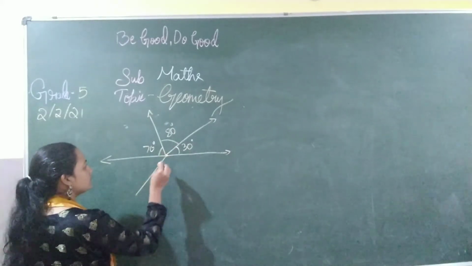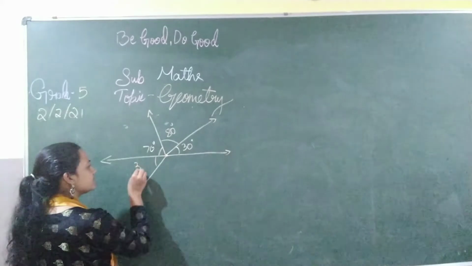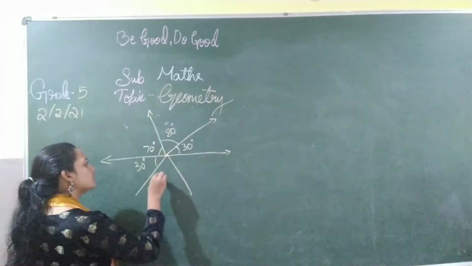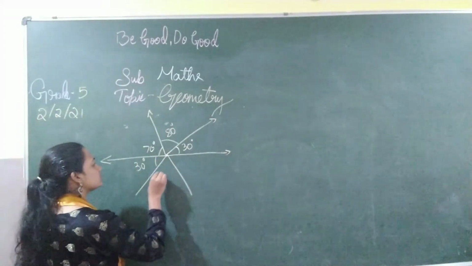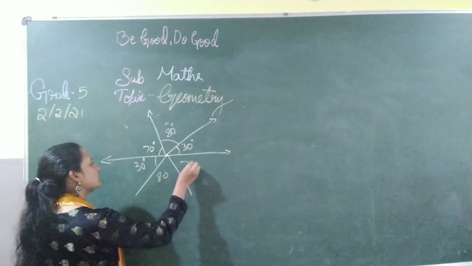Similarly, I draw one more angle which is, say, 30 or anything else. Okay. So this is 80 or 70, whatever it is.